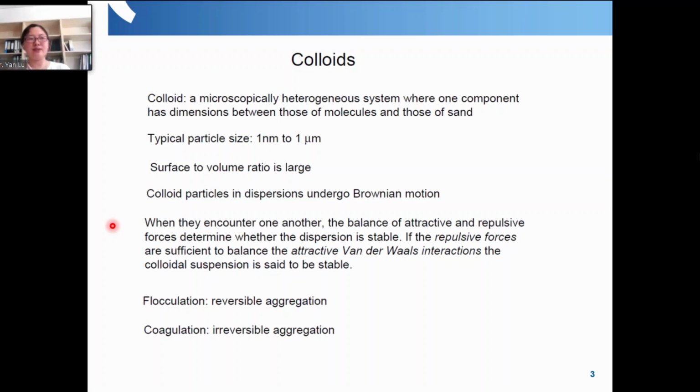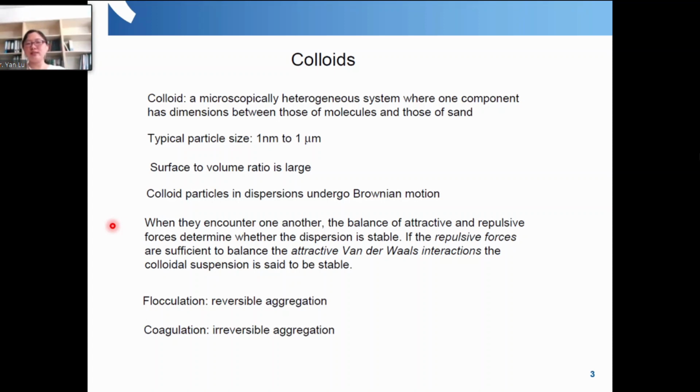Colloids are one of the strongest aspects for the research groups here at the university. First of all, you need to know at which size dimension it is. Normally it is between the molecular level and that of the sun, so then you will have some idea. The typical size for a colloidal particle is from a few nanometers to a few micrometers.